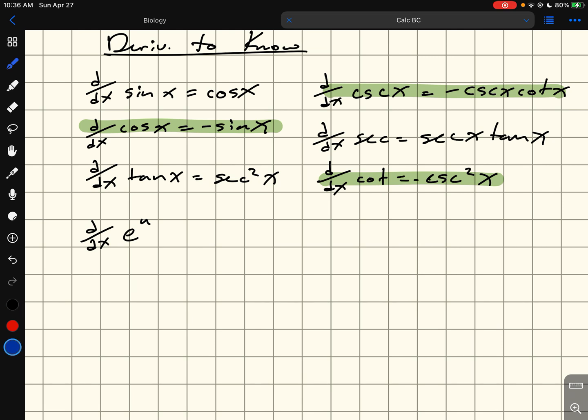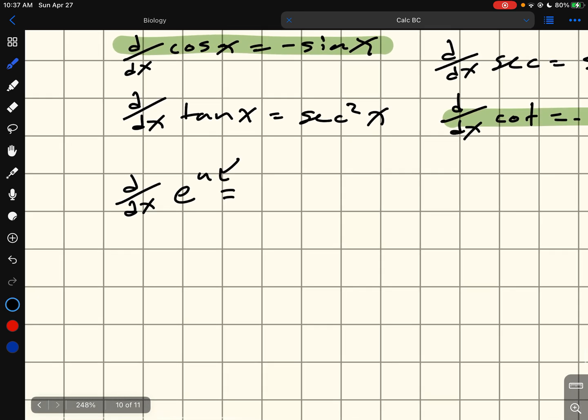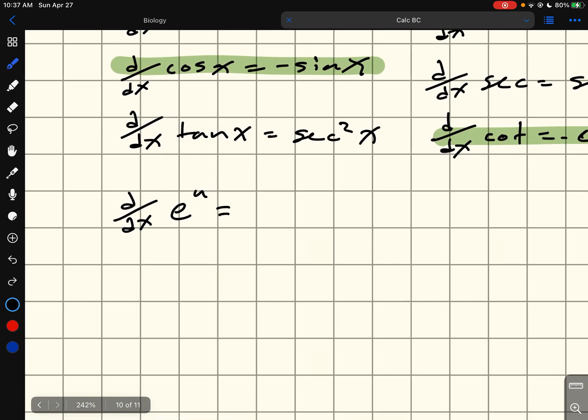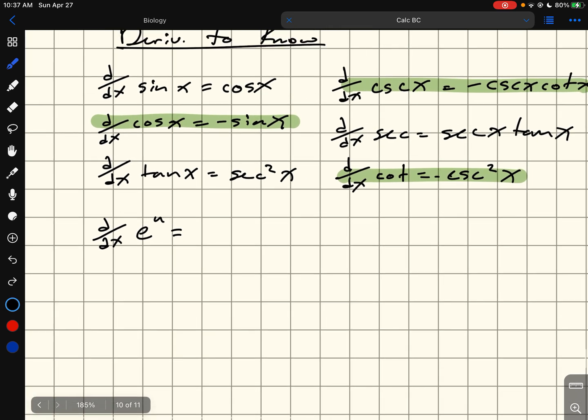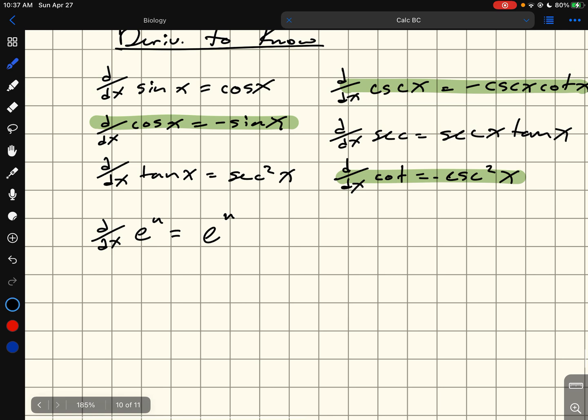And I'm writing a u up here because I want you to memorize the universal version. So this can work for anything that's in that u. So the derivative of e to the u is always going to be whatever that thing is first, and then you chain rule it, so du dx.